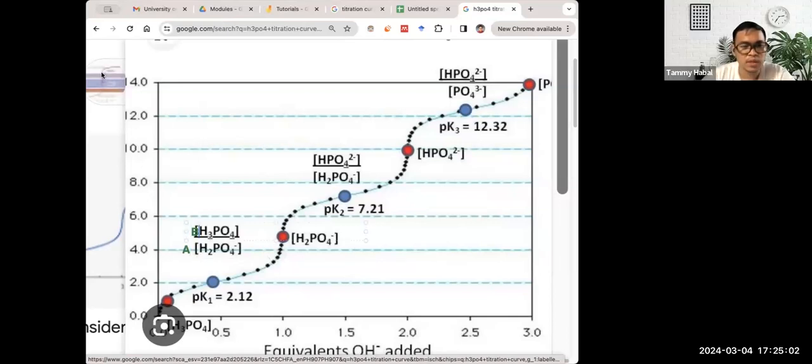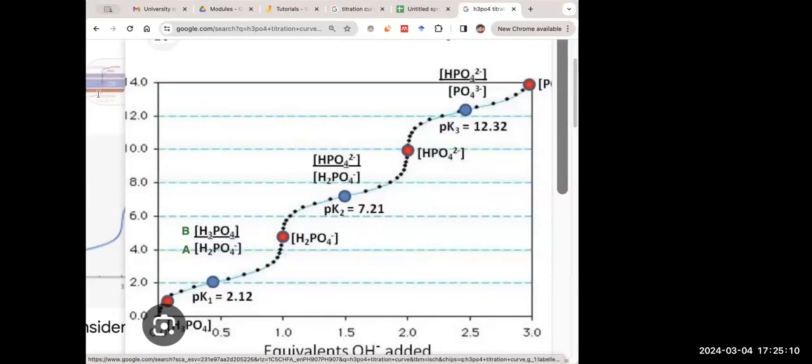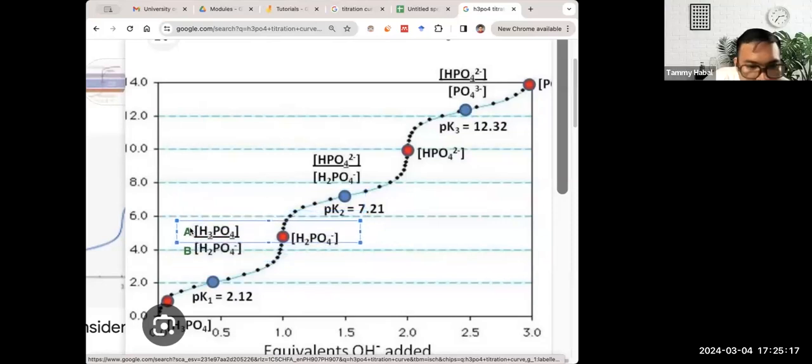What are the prominent species here? Based on what I labeled, what are the prominent species? Is it the hydrogen? Mali ako. So this is your acid. Bakit? Kasi it has the acidic form, which has three hydrogens. And this is your base.